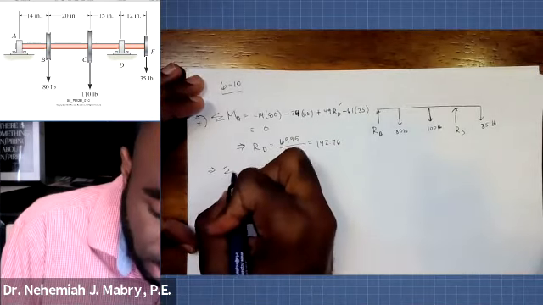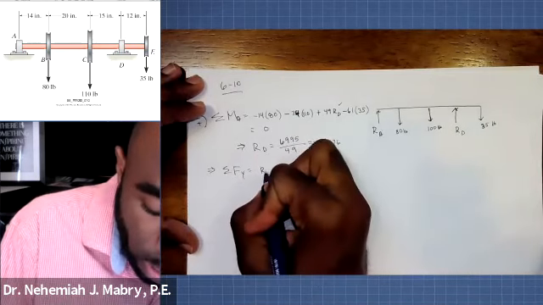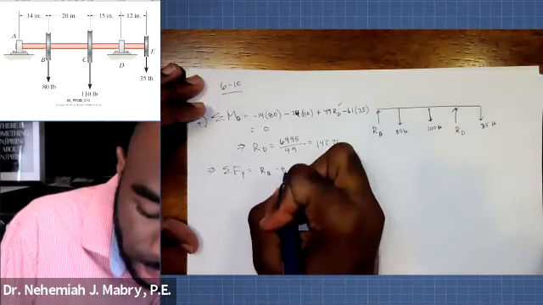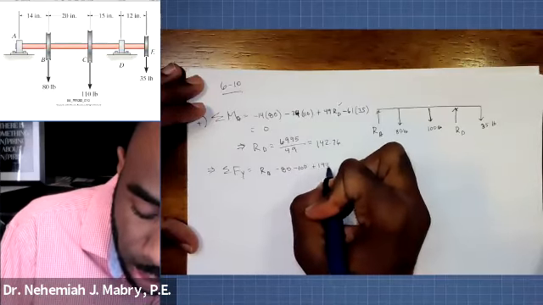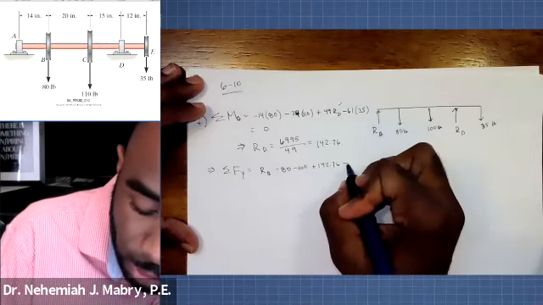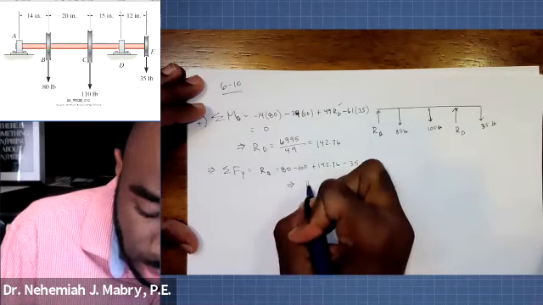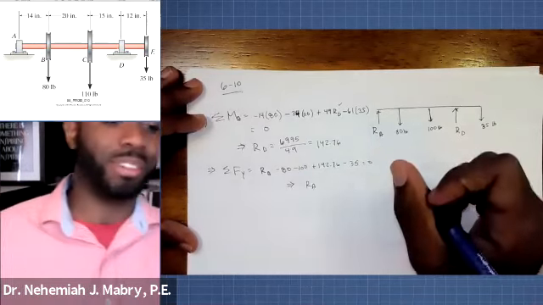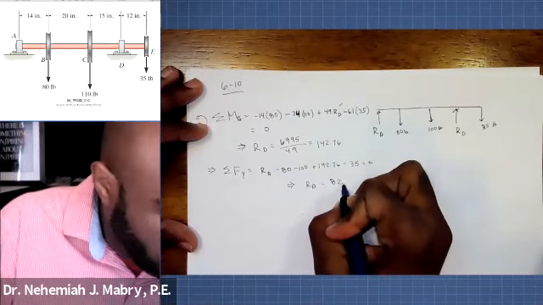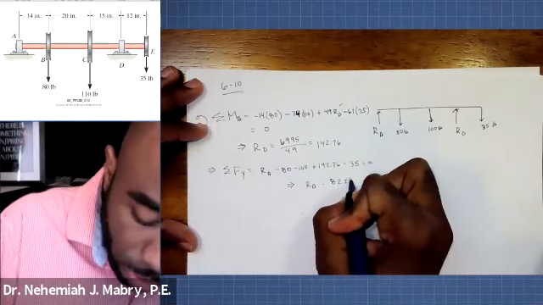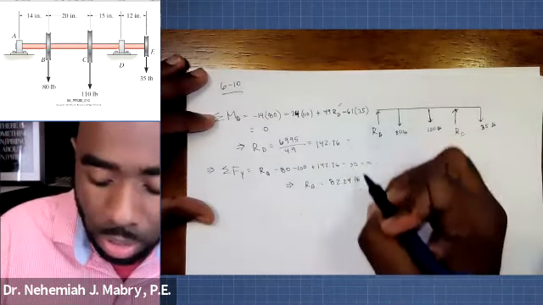We just sum the forces in the y direction. Up is positive. So RA minus 80 minus 110, plus 142.76 minus 35 equals 0. RA in this case, if your calculator concurs with mine, should be 82.24 pounds. Boom. So that's RA, that's RD.